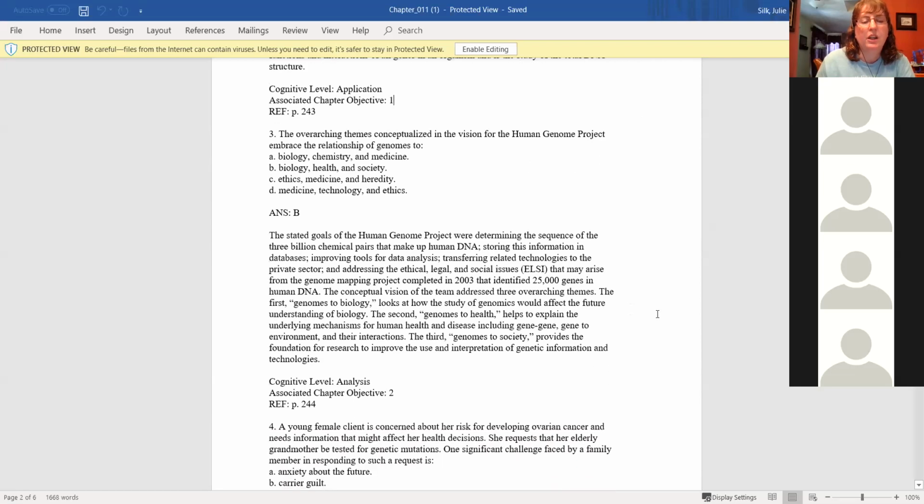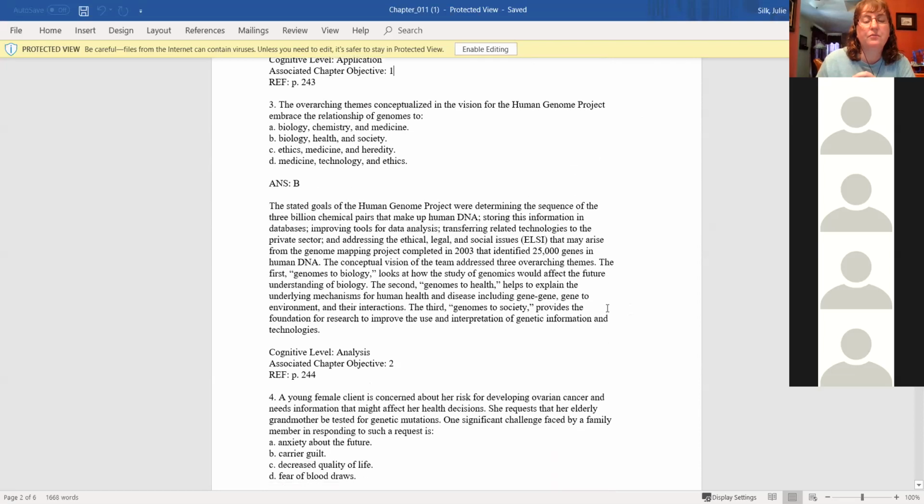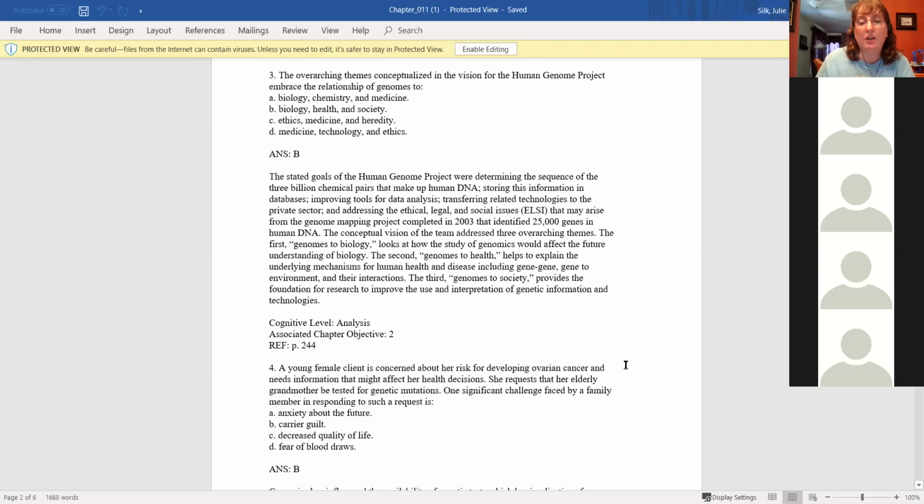Okay, a young female client is concerned about her risk for developing ovarian cancer and needs information that might affect her health decisions. She requests that her elderly grandmother be tested for genetic mutations. One specific challenge faced by a family member in responding to such a request is, A. let's see, B, carrier guilt.